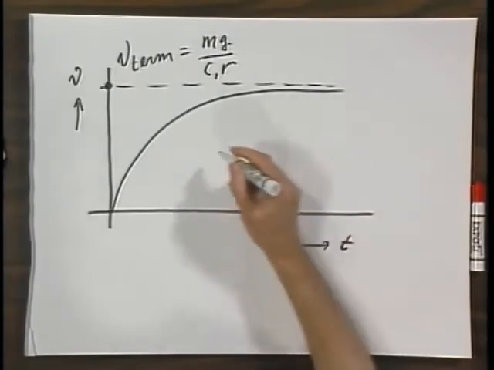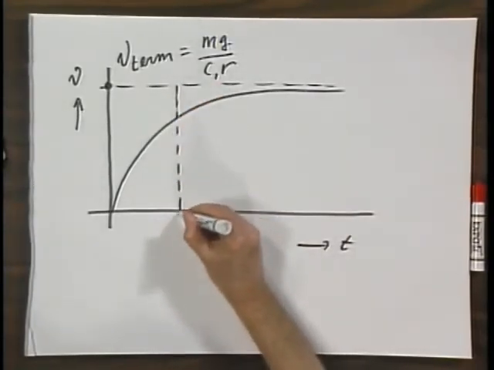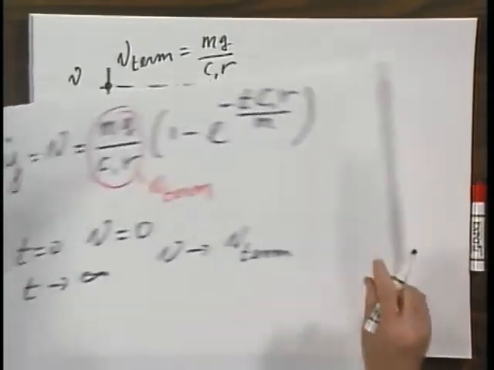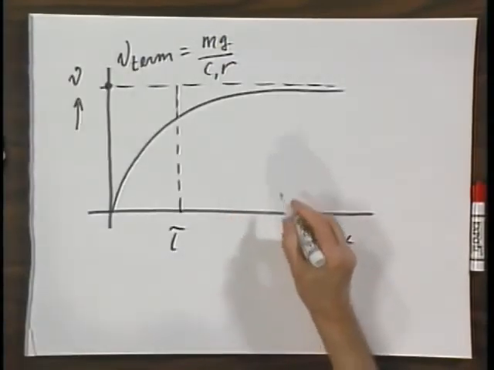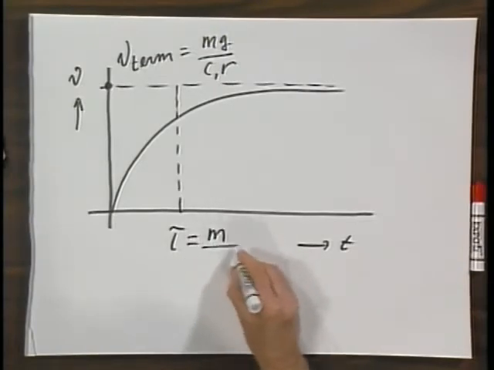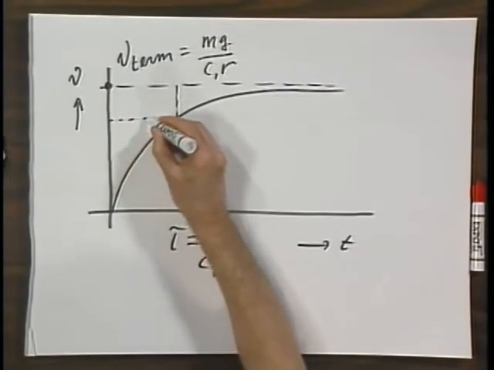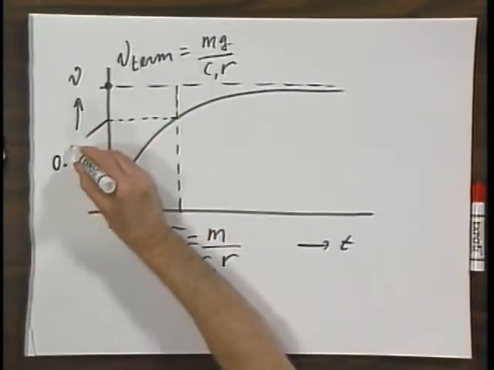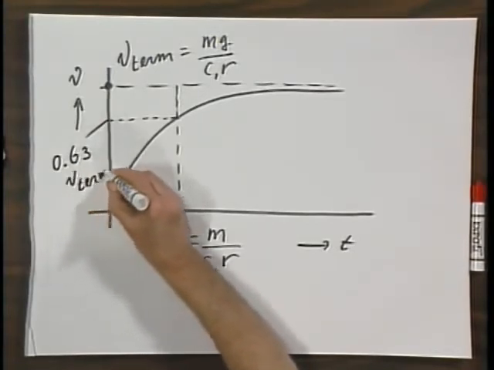And if we wait tau seconds, and tau equals m divided by C1 r, if we wait so many seconds, then the speed that the object has is about 63% of the terminal velocity.